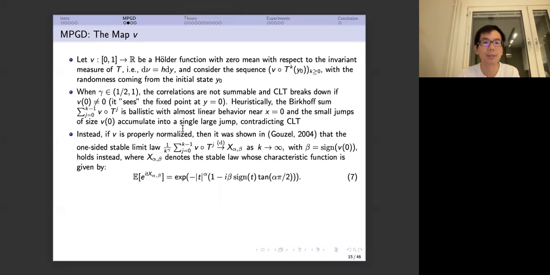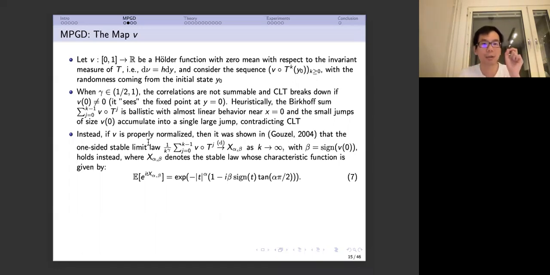The idea of how this map can generate alpha stable laws is that if we look at, for example, this term here, and we do not properly normalize it, then usually we will not get the standard central limit theorem.